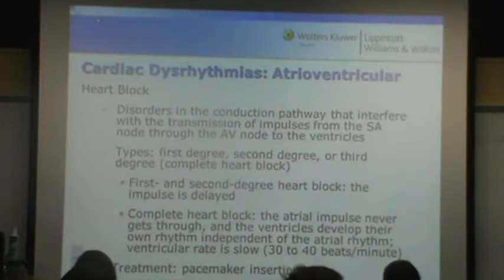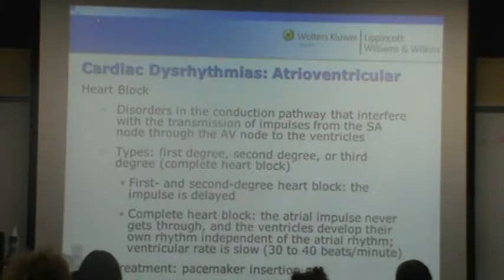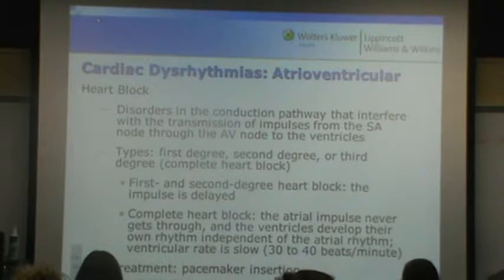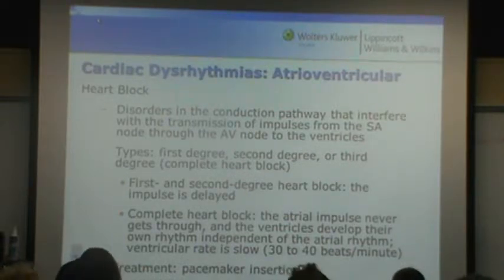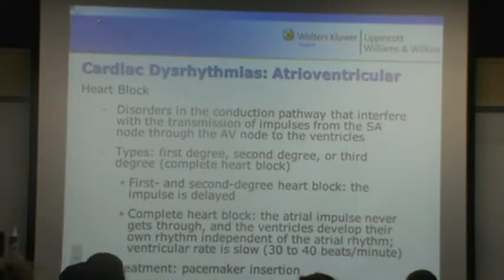So remember, like I was telling you, generally that impulse is generated in the SA node, it goes to the AV node, and the AV node kind of catches it and holds it for just a fraction of a second, and then retransmits it. Well, for whatever reason, there's a blockage between the SA node and the AV node, okay?